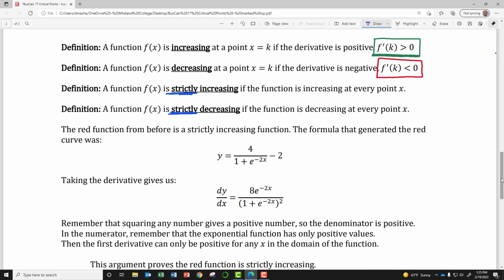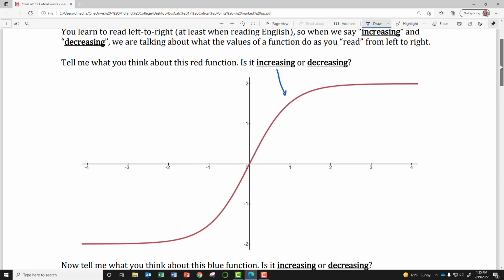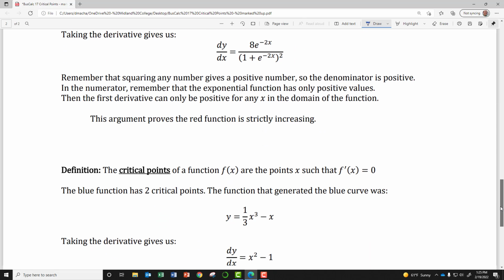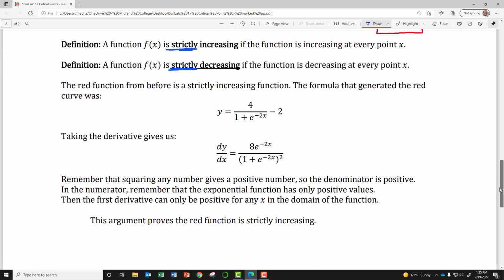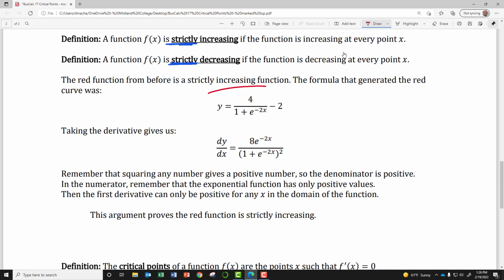Now, I'm going to scroll up again to show you our first curve, our red curve. This was our first example, and we said that this appears to be an increasing function. In red, that function was this one. This is the red curve from before.